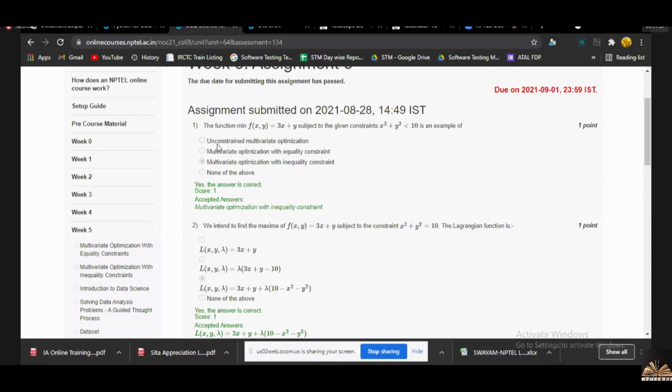Without any constraint, only the function is given, it is unconstrained multivariate optimization, but here a constraint is specified, so this is not correct. This is not an equality constraint, because it is not equal to 10 or 9 or 8. For inequality we use the symbols less than, greater than, or equal to, not equal to, like that, right?